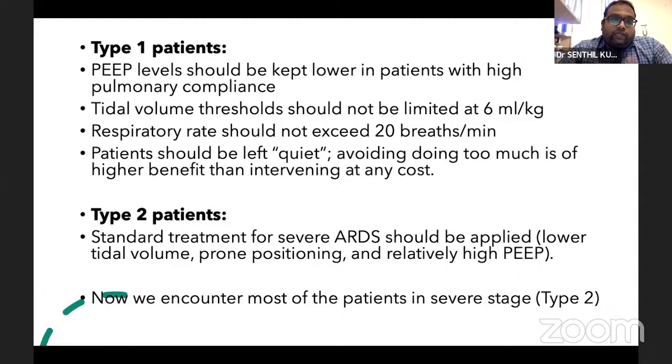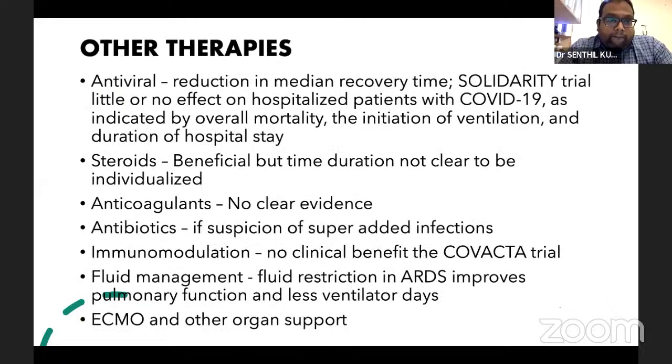For type 2 patients, that is severe ARDS, the standard treatment is on par with what has already been discussed, like lung protective ventilation, prone positioning, and relatively high PEEP may be helpful. In this era of COVID, we are encountering patients more in severe stages only, that is type 2 only.